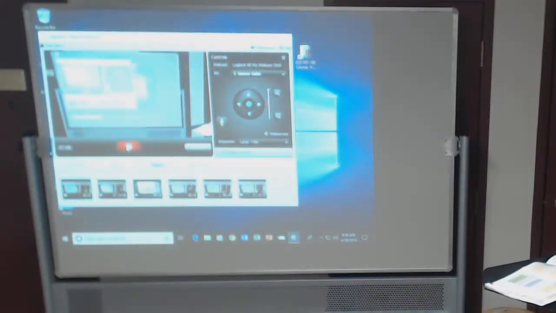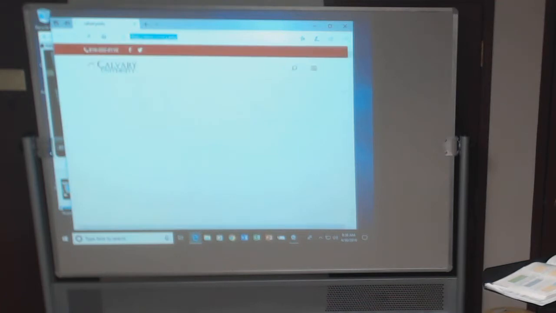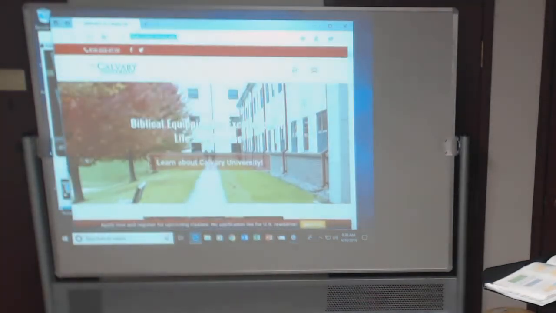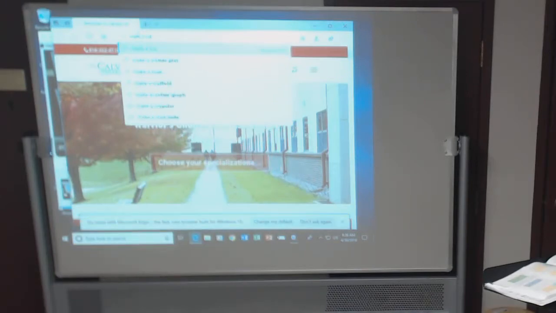Let's go to the internet. Let's make a scattergram. Make a scattergram online. I think that's what I want to do, isn't it? Mm-hmm.